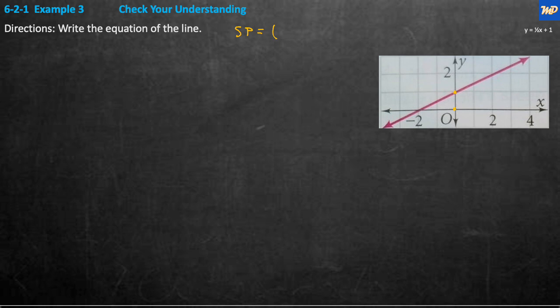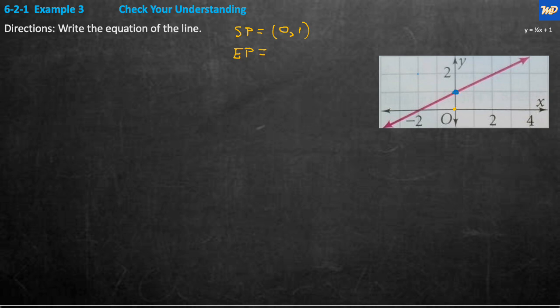So we have 0, 1 as our starting point. Next we're going to do the ending point, and let me draw this in blue here. This is our starting point right here.